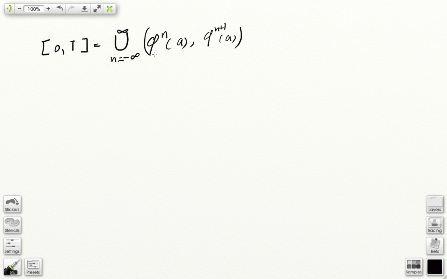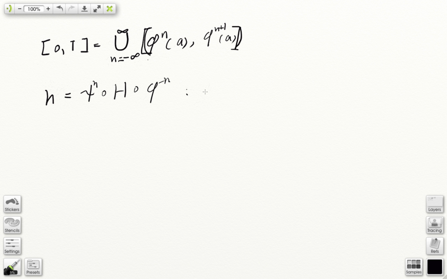And for each single interval here, we will have a map h_n, which is defined as psi^n compose capital H compose phi to the negative n.